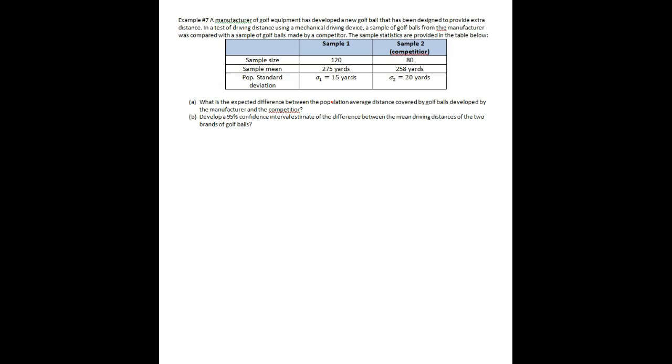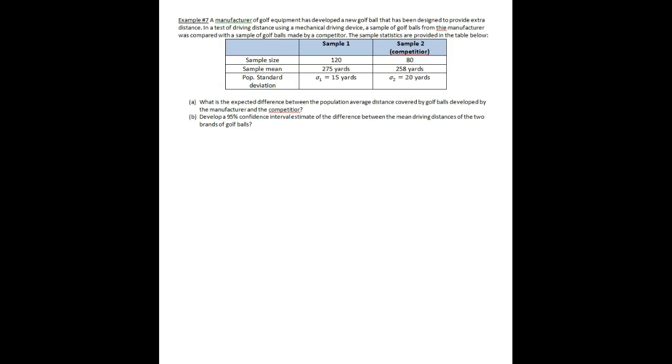The sample statistics are provided in the table below. Sample 1 looks like it is going to be our newly developed golf ball. Sample 2 is that of the competitor.